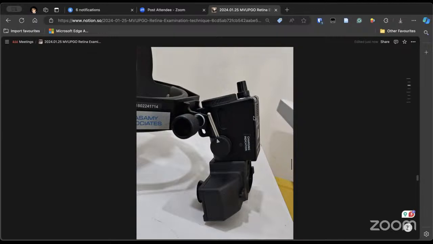Microaneurysms are better seen in which device? Direct ophthalmoscope. If a patient comes and the examiner asks you to screen this patient for diabetic retinopathy, or this patient has been diagnosed with diabetes and has been sent to you to screen for diabetic retinopathy, which instrument will you use? 90D.